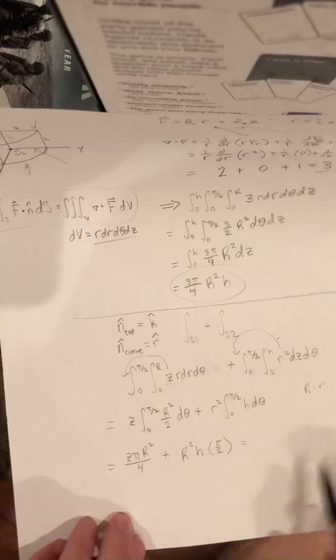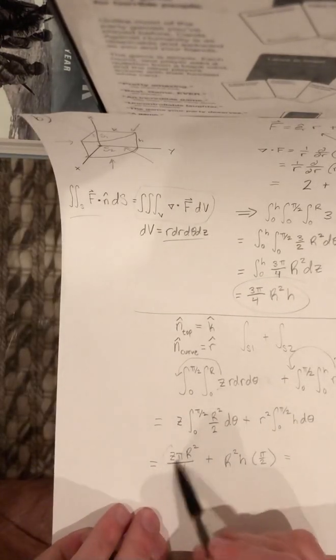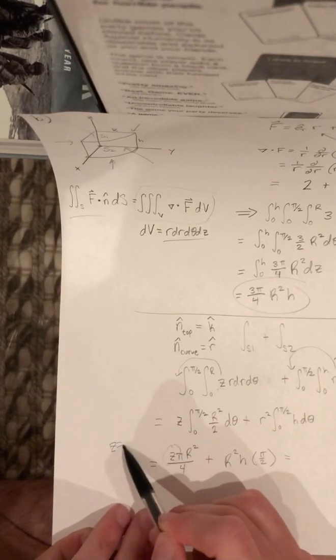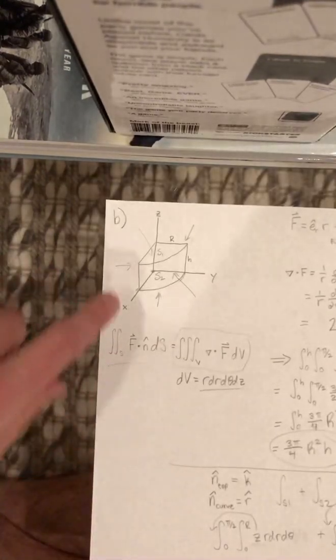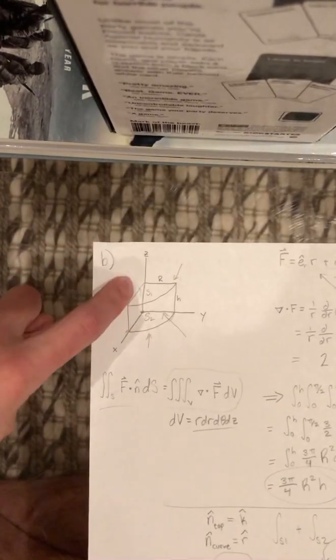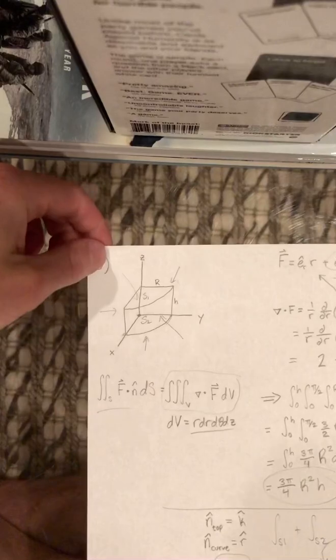Now, to make this a little bit cleaner, we can straighten this up. And also, we're going to substitute in here z equals h, because for that top plate, z is going to be at a constant value of h.